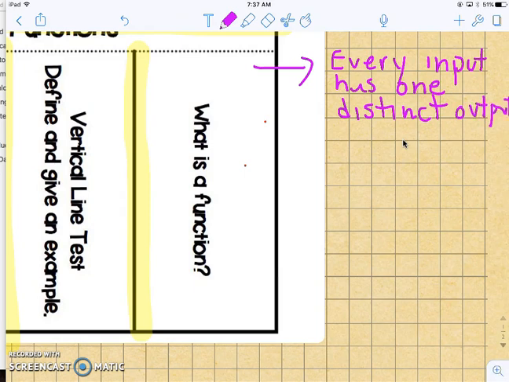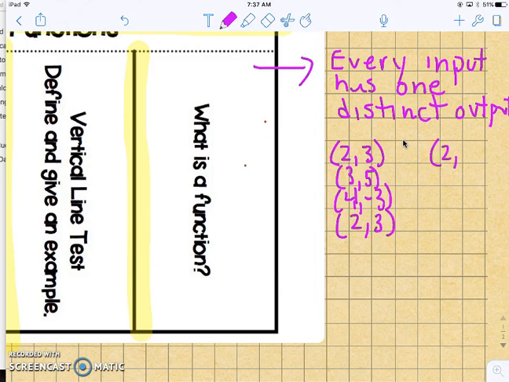Now, I'm going to list some coordinates here. So let's say we have a couple of relations: (2, 3), (3, 5), (4, -3), and maybe we have another (2, 3). Then we have this different set where we have (2, 3), (3, 5), (4, -3), and (2, -6).